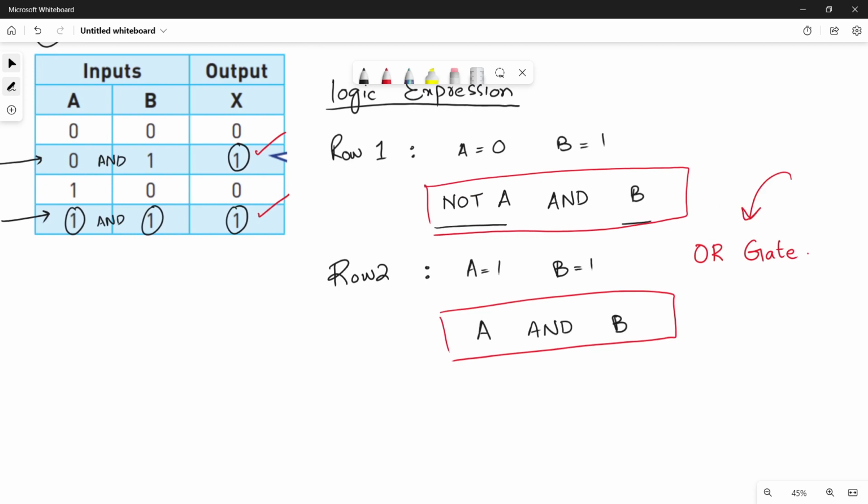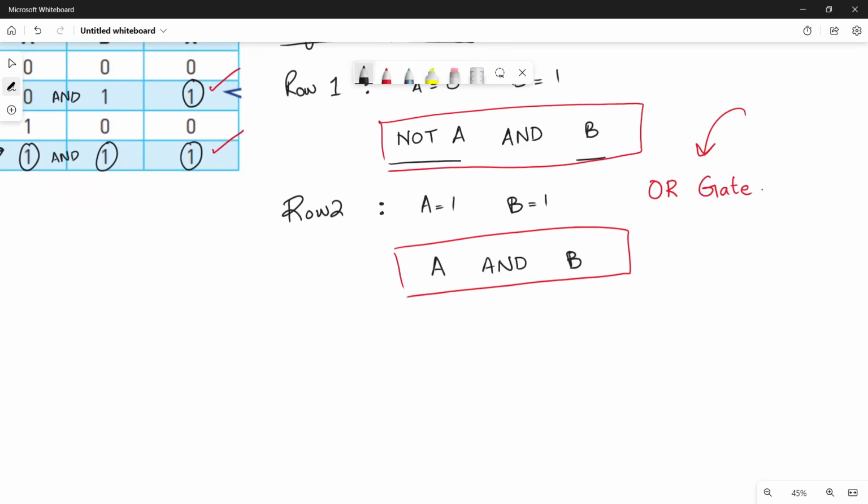Let me just write it for you. Row 1 will be ORed with row 2. And if there are more than 2 rows that have output 1, then row 3 will also be ORed with this. So it depends on how many rows have 1 as the output.